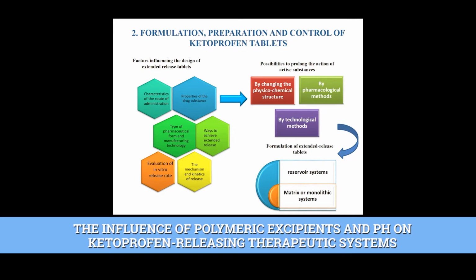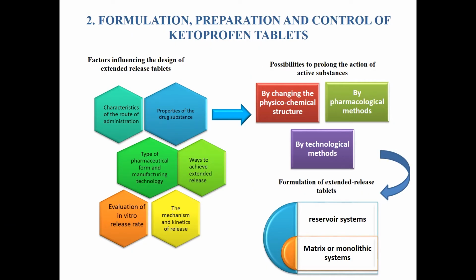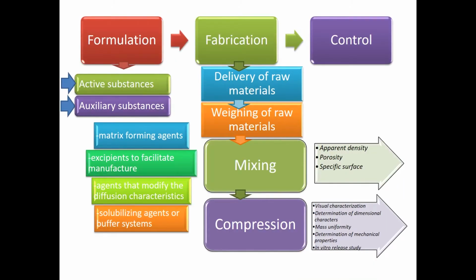We have some possibilities to prolong the action of the active substance by changing the physicochemical structure, by pharmacological methods or by technological methods. For formulation of extended release tablets, we can make tablets like reservoir systems, matrix or monolithic systems. In the formulation, the auxiliary substances are matrix-forming agents.